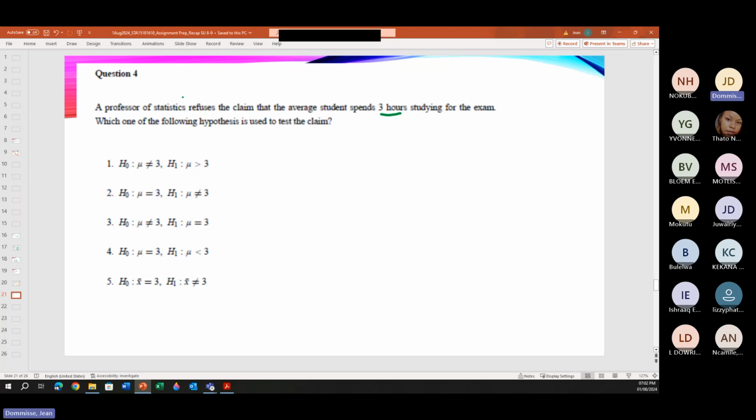So he's not saying students spend more or students spend less. He's just saying that they're not spending 3 hours. So the alternative hypothesis is they are not spending 3 hours, not equal to 3, because not equal is the alternative, and your null hypothesis will be that it is equal to 3.